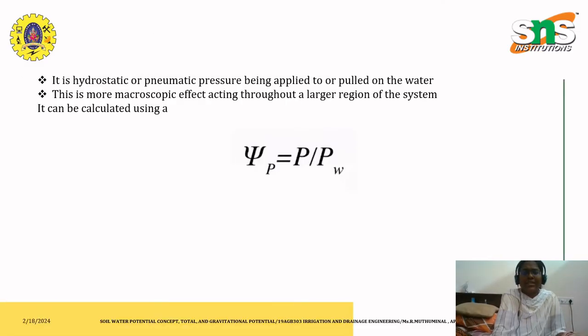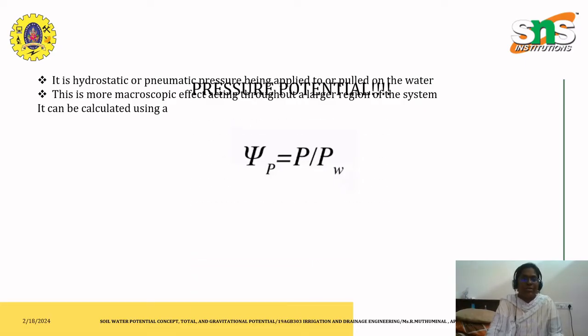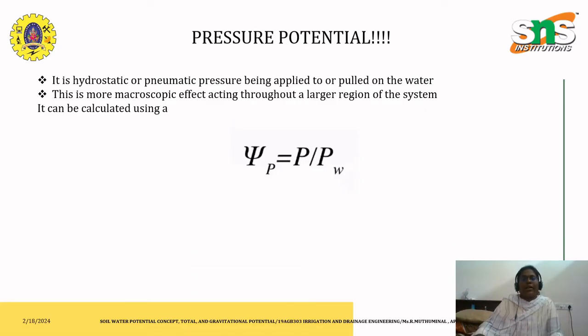And the last one is the pressure due to external force, said to be the pressure potential. It is the hydrostatic or pneumatic pressure applied over the water or pulled on the water. This is more of a macroscopic effect acting throughout a larger region of the system.